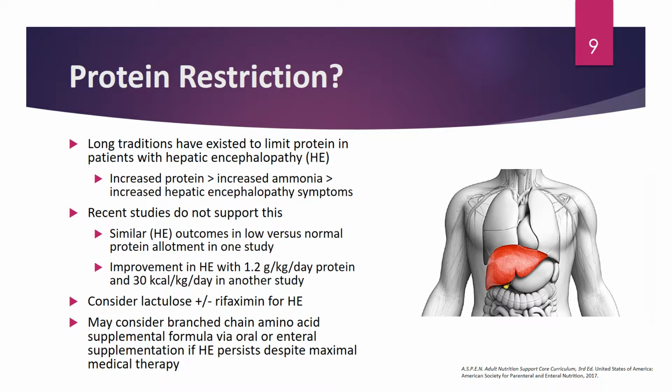And whenever you looked at patients who got higher amounts of protein, for example, like 1.2 grams per kilo of protein per day and 30 kilocalories per kilo per day in one study, you actually had an improvement of hepatic encephalopathy symptoms. And basically the thought behind this is better nutritional status may lead to increased clearance of ammonia, which then will obviously reduce your hepatic encephalopathy symptoms.